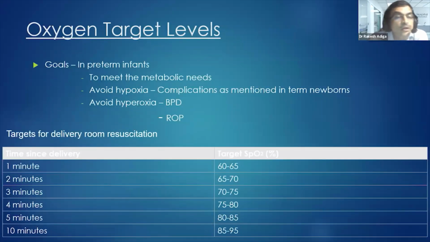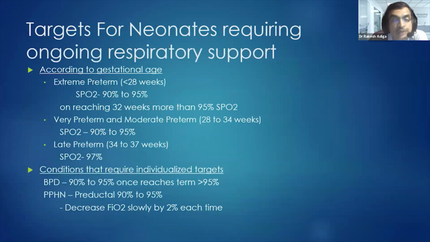So in resuscitation in a delivery room, previously we have discussed that at different ages in minutes, there are different oxygen saturation limits. From the delivery room to NICU while transporting, and in the NICU, the target for neonates requiring ongoing respiratory support depends on gestational age.